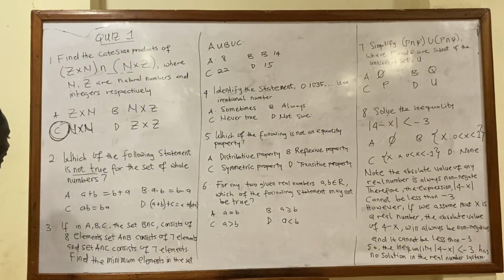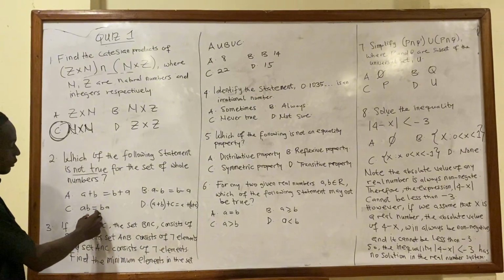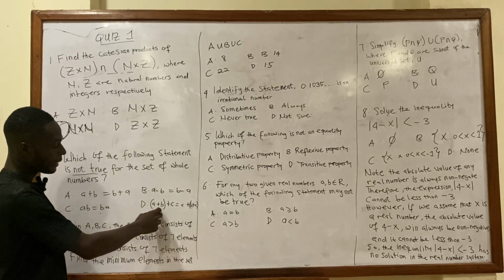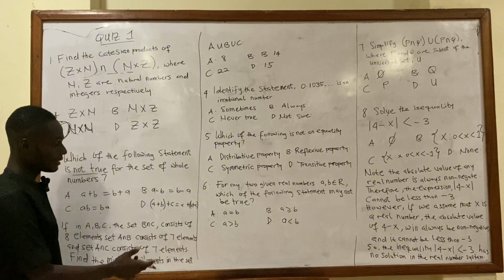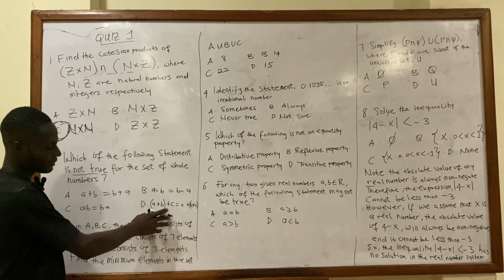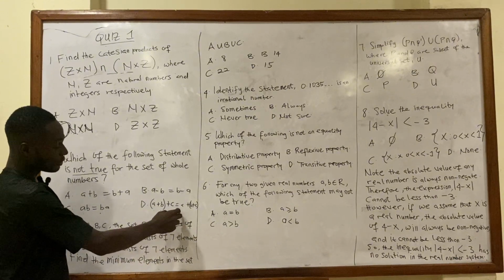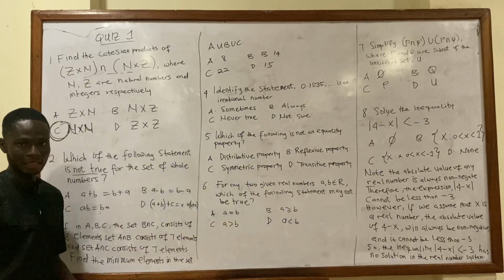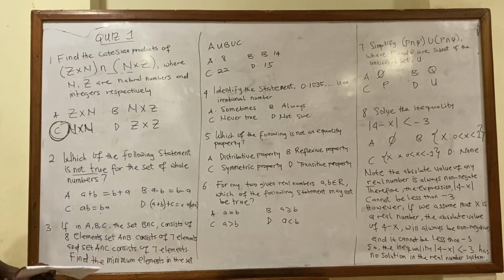And then ab can be equal to ba. And then they also said a plus b plus c, this is associative, can be equal to a plus b plus c. Looking at this, they said which one is not true. Which option do you take from this?